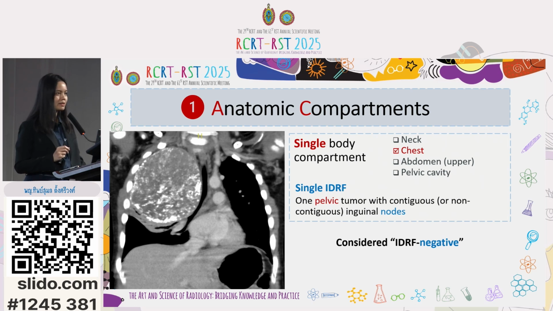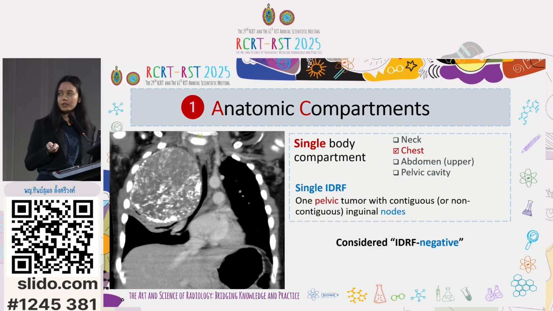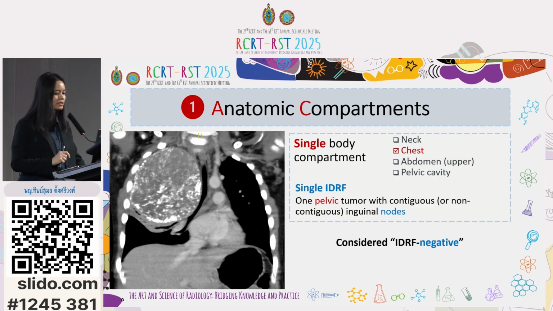In some cases, like pelvic tumor with contiguous or non-contiguous inguinal lymph nodes, it's still classified as single. This chest CT of a neuroblastoma patient shows a single body compartment tumor in the chest. This is considered IDRF negative.